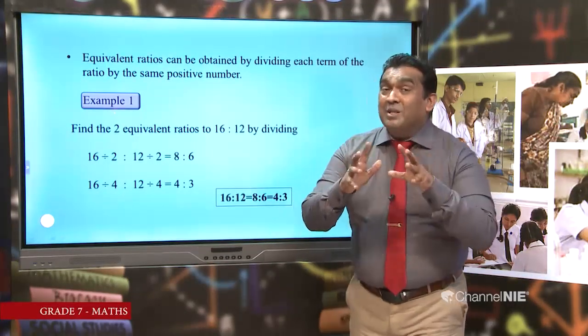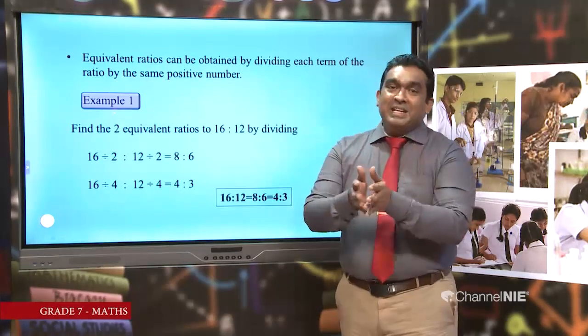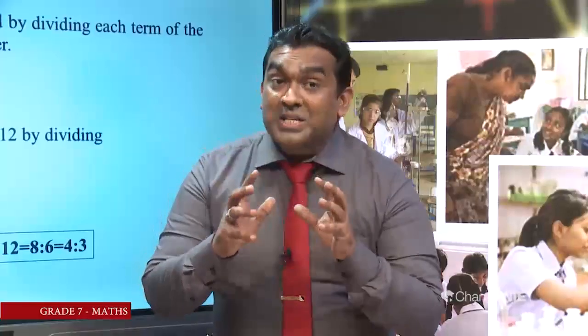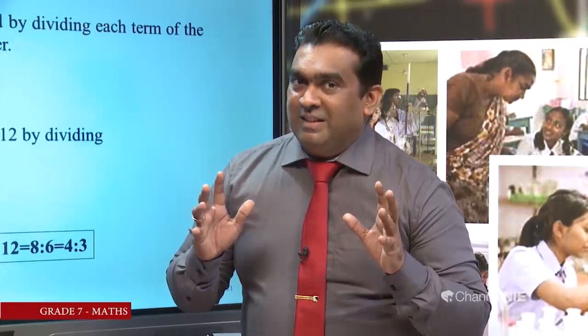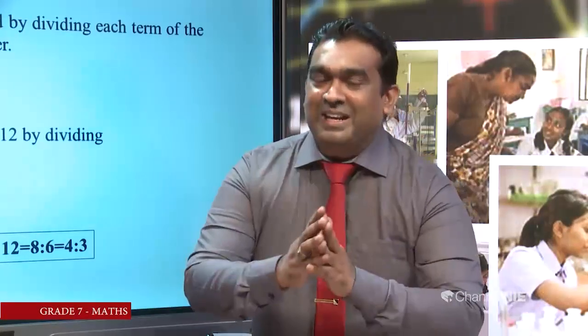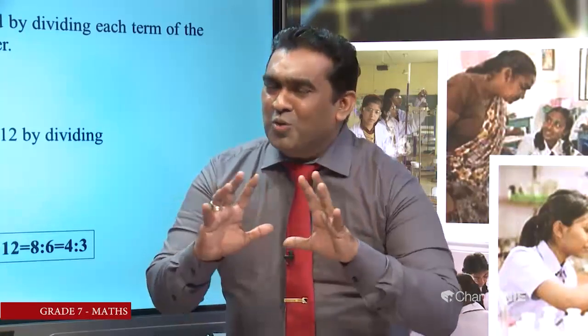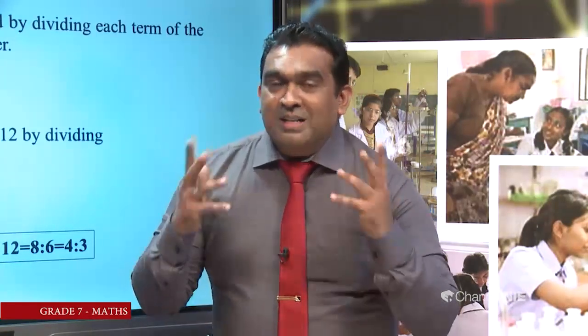Then you can select the most suitable number. In upper grades, we use the highest common factor. But at this level, especially in grade 7, you can use any suitable number, no problem, because you are still kids.